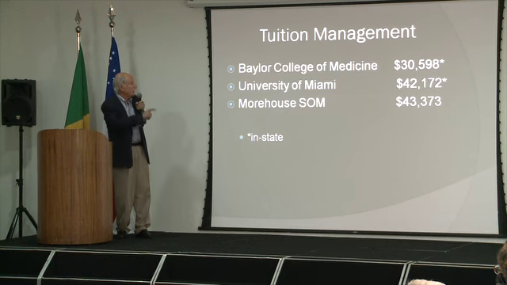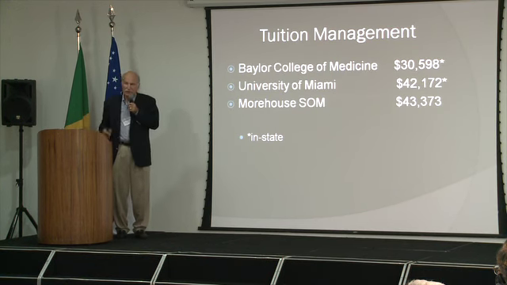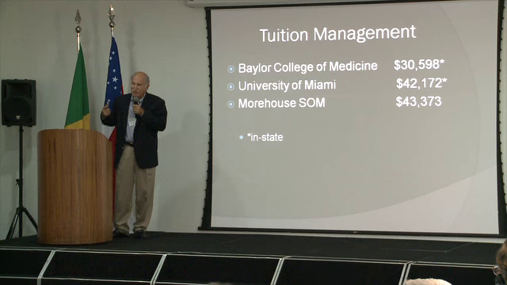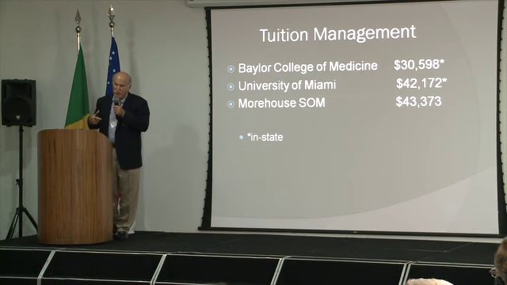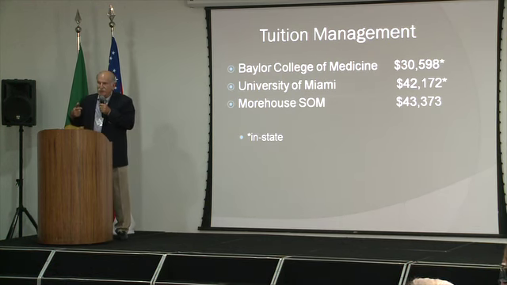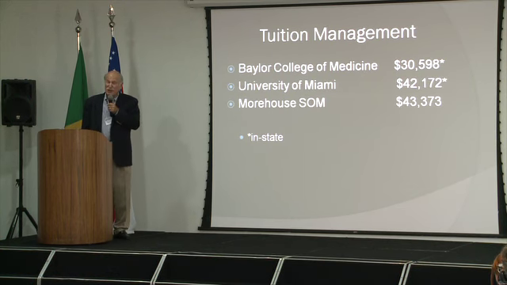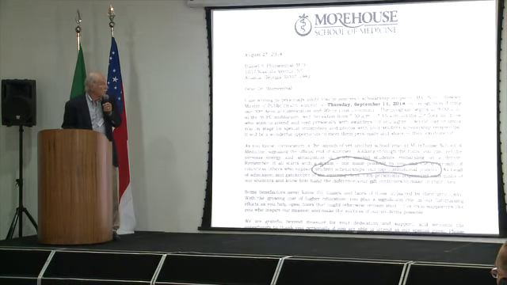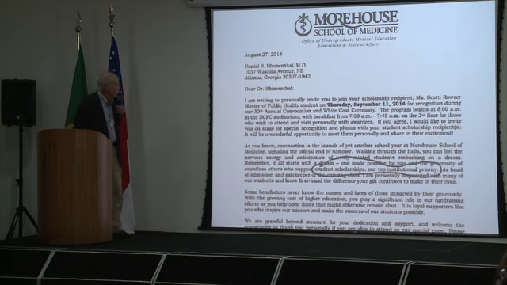So unless you live in Texas or Florida, Morehouse actually has the lowest tuition of any private U.S. allopathic medical school. But $43,000 is a lot of money, even if it is the lowest. So tuition management is a serious problem.